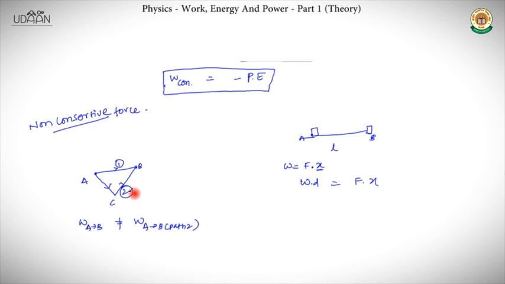Because as taken, frictional force is a non-conservative force, it takes the displacement for work done. So the displacement from A to B is not equal to the distance travelled by the particle from A to C and C to B.